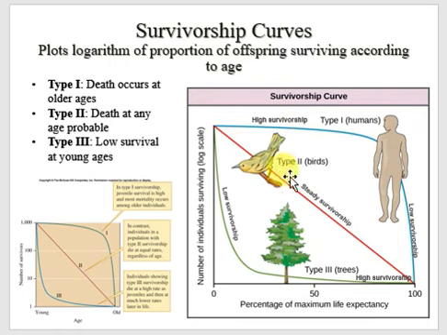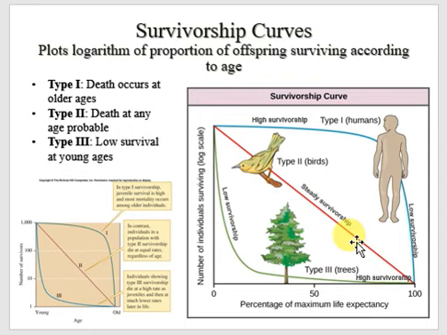Now, type 2 survivorship curves represent or occur where individuals experience relatively constant or stable levels of survivorship over their lifetime. And what I mean by that is essentially the probability of death at any age is equal.